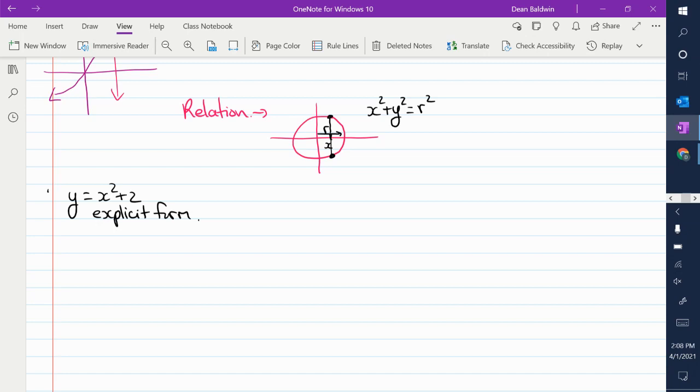But if I have this thing, x squared minus 2y cubed plus 4y plus x is equal to 1, can you solve for y on that one? You cannot. It's going to get really, really ugly. So this is implicit form.